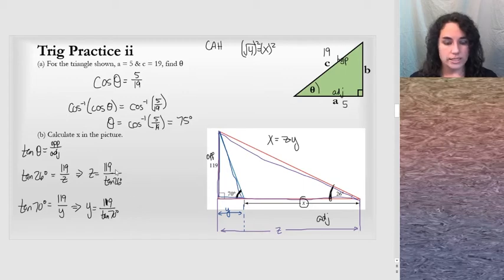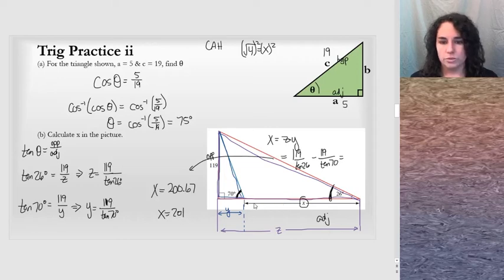So then when I plug these in over here, I get 119 over tan 26 minus 119 over tan 70. You can calculate these separately. You could also notice that I have 119 in both terms, so you could simplify this a little bit more and factor out 119. And when I calculate this, I get x equals 200.67, which you could round to 201. That is what x is.